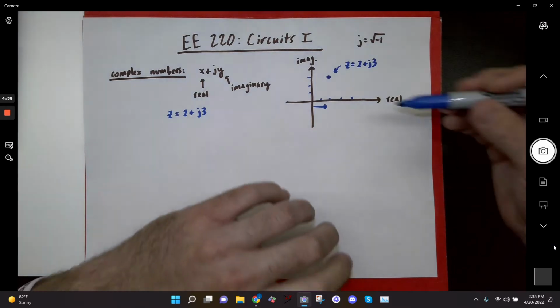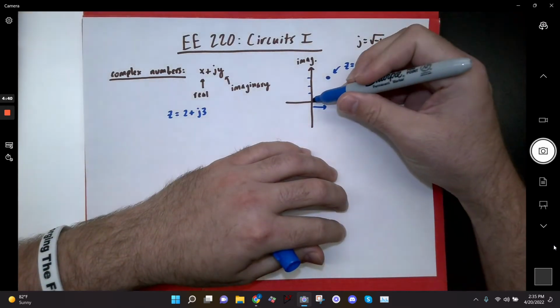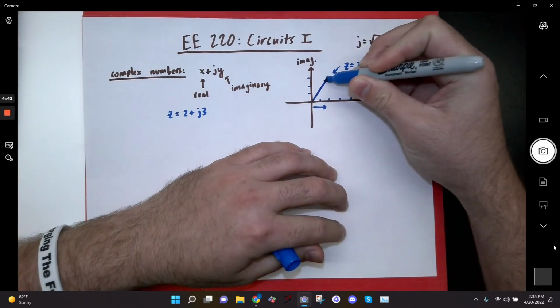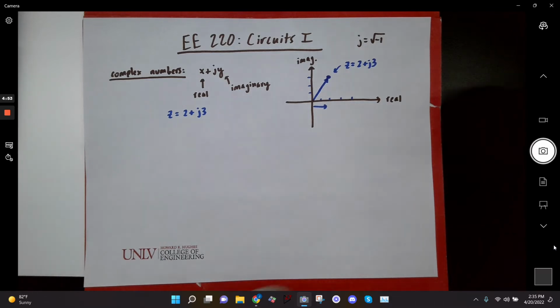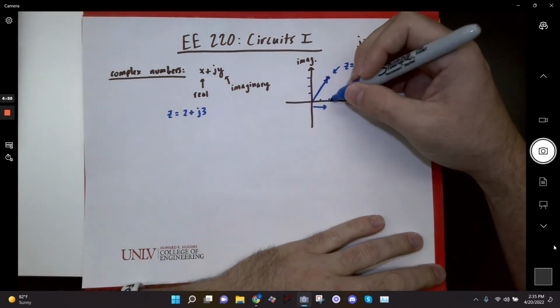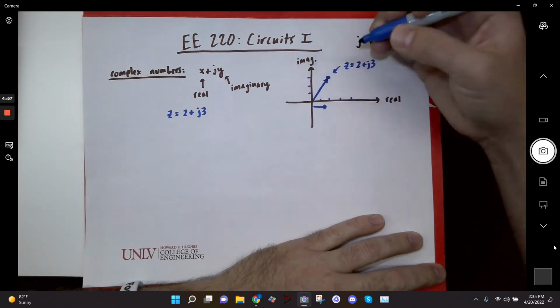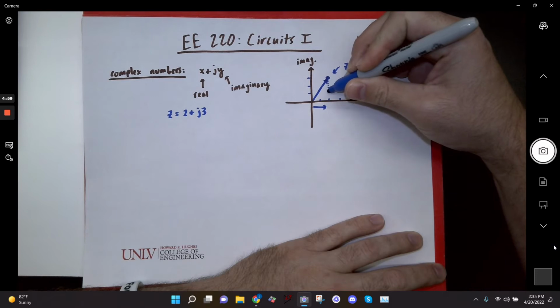Now, if I draw this as a vector, which it basically is, that vector has a length. And that length is really easy to calculate because we can just use Pythagorean's theorem and determine the hypotenuse of a triangle. Let me just draw it.